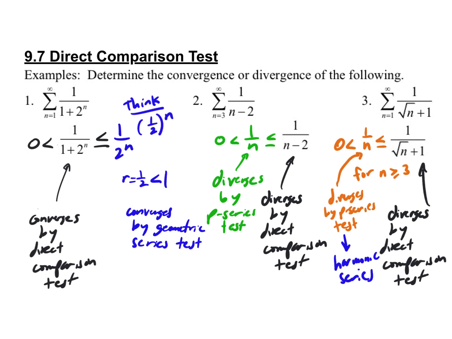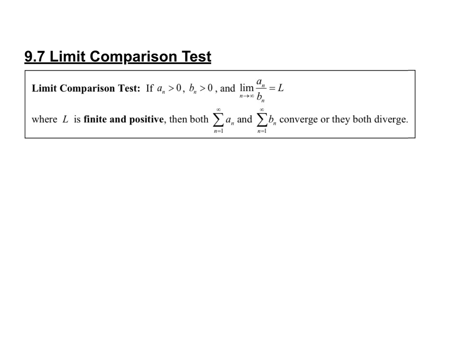All right, let's go to limit comparison. Comparison test. So there's some rules here too. So that's sort of the trick to all these tests, right? Is what rules, what conditions must apply for this test, and what am I looking for? So in the limit comparison test, first off, both have to be positive. So again, alternating series test isn't going to be used here.